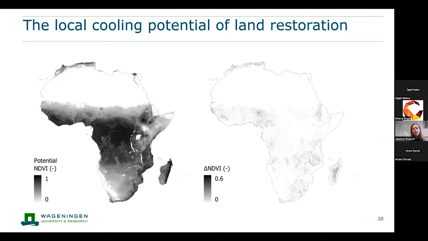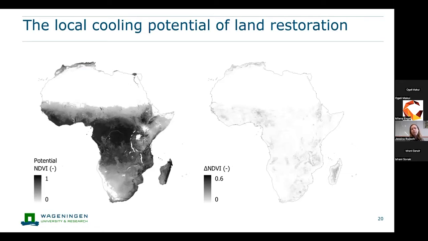Here you see the map of the potential NDVI we created. And we use this, so this is the NDVI or the vegetation greenness that could be reached given certain climatic constraints. So for example, if you have a certain aridity, certain temperature, how much NDVI we could potentially obtain.